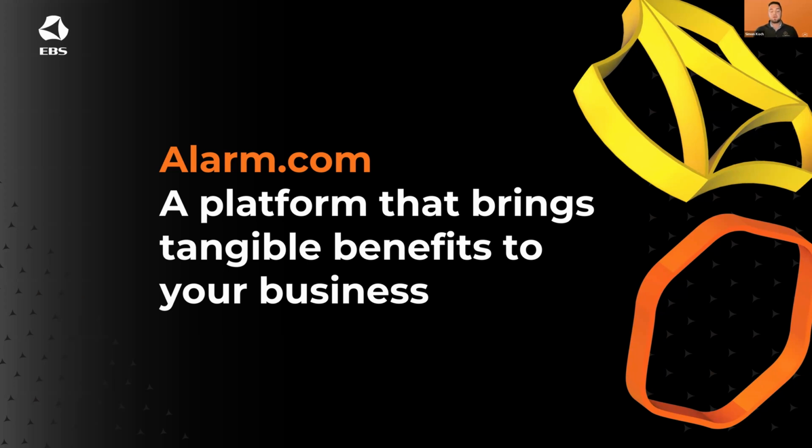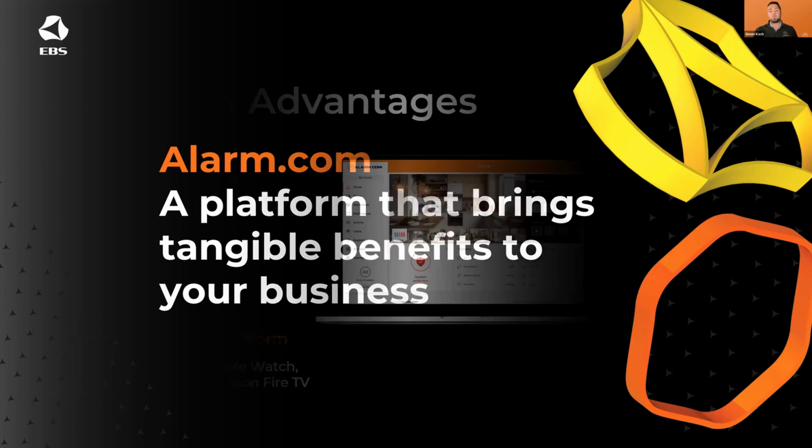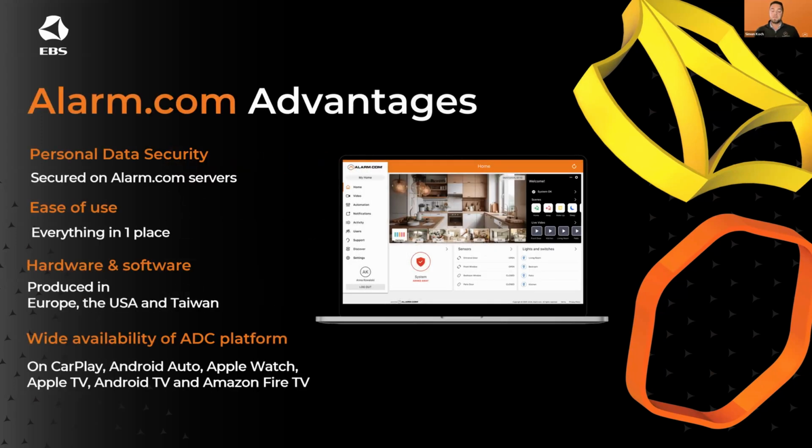We have multi-factor authentication for user accounts, and we also have privacy policies to make sure that the data is not being sold to third parties. So for us, security is much more than just a product or a sensor or a video camera or a communicator. It's also protecting the data.